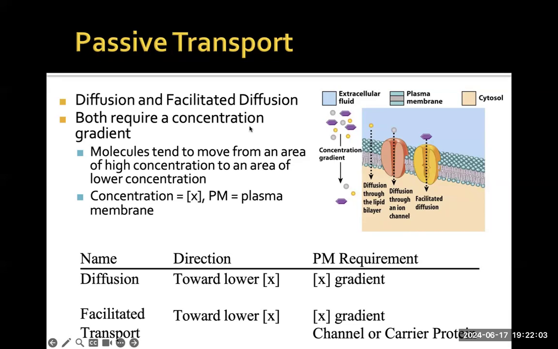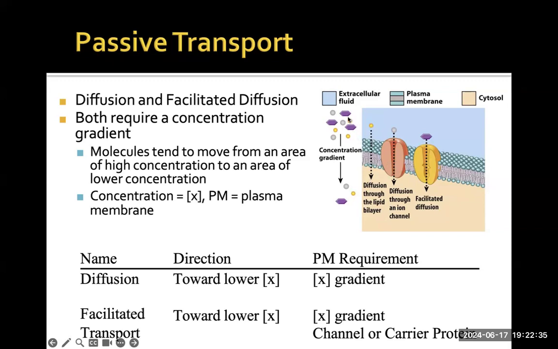When you talk about moving down a concentration gradient, the molecules will always move from an area of high concentration to an area of low concentration. We see there's 1, 2, 3, 4, 5, 6, 7, 8, 9 of these solutes on the blue side and 3 on the yellow side. Because you're going to move from high to low, the molecules are going to move from the blue side into the yellow side. So they're going to diffuse through the phospholipid bilayer.